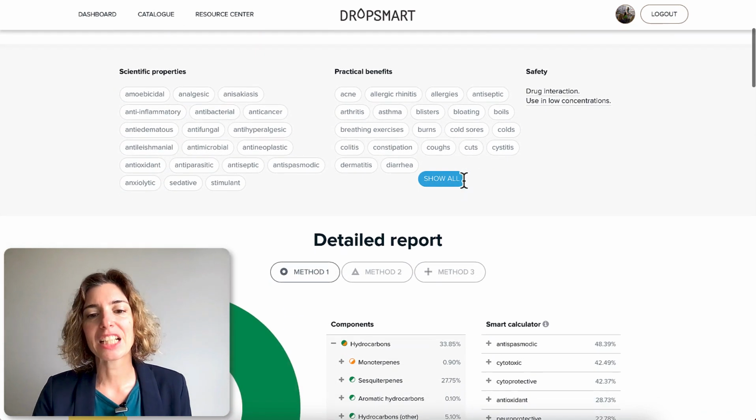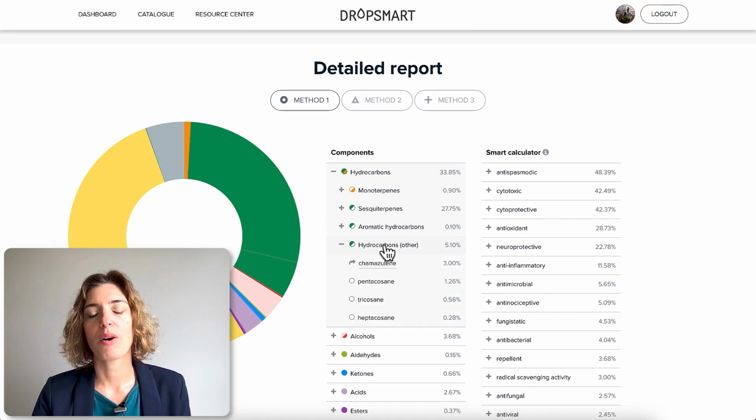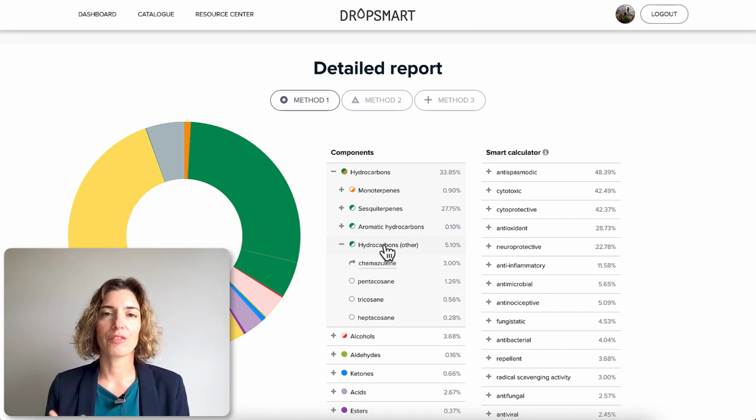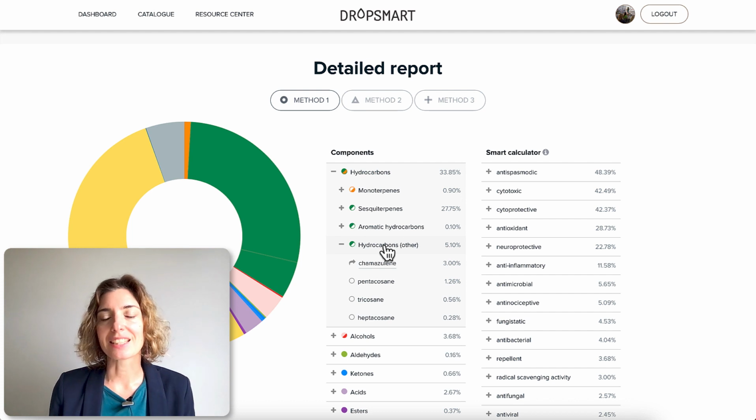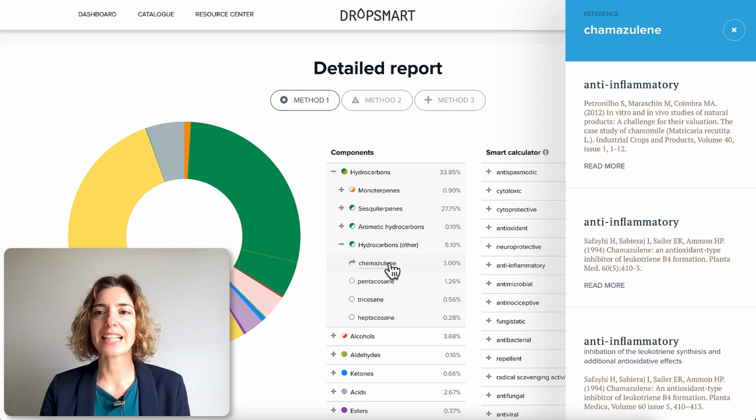But if we look at the percentage of chamazulene in the essential oil, it varies, but it's very little. Here it's only 3%. What we usually connect chamazulene to is anti-inflammatory action. So bear with me here.